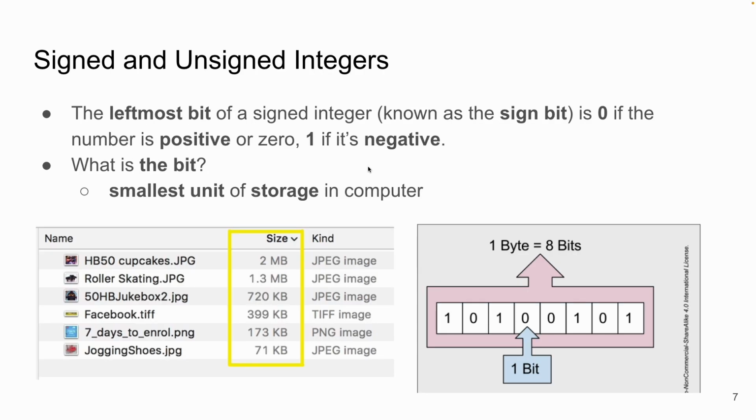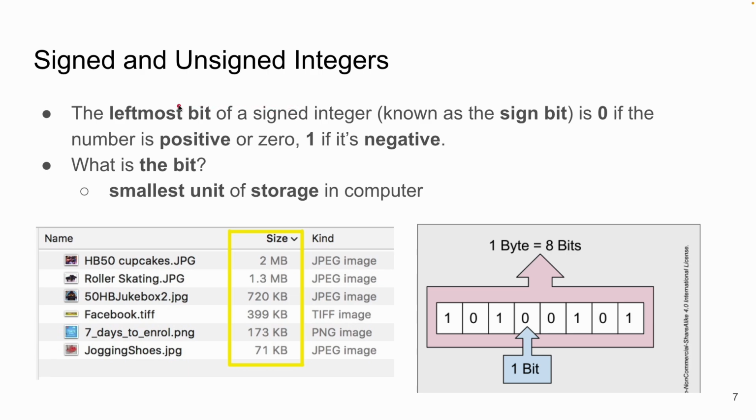So how can C or our computer understand the sign of an integer? To talk about that, first we need to introduce the concept of bit and byte. For any signed number, our computer will use the leftmost bit of it to represent the sign.